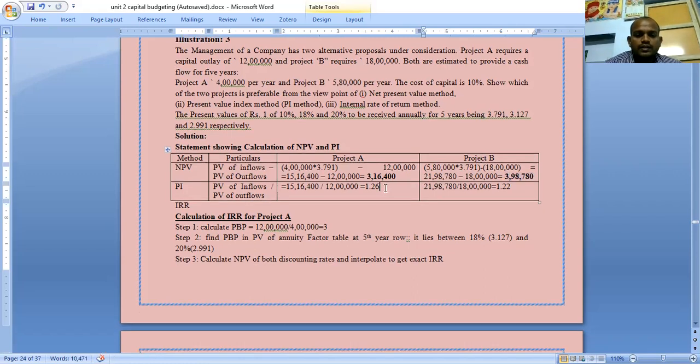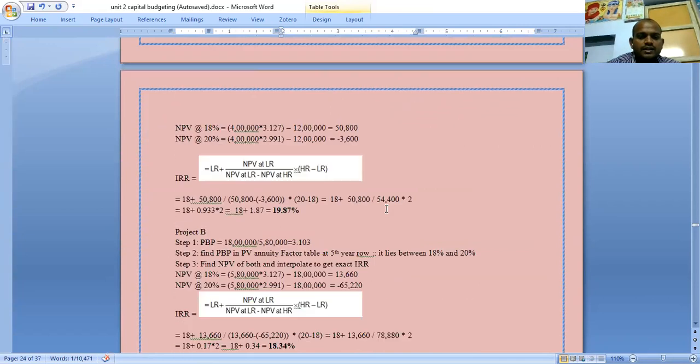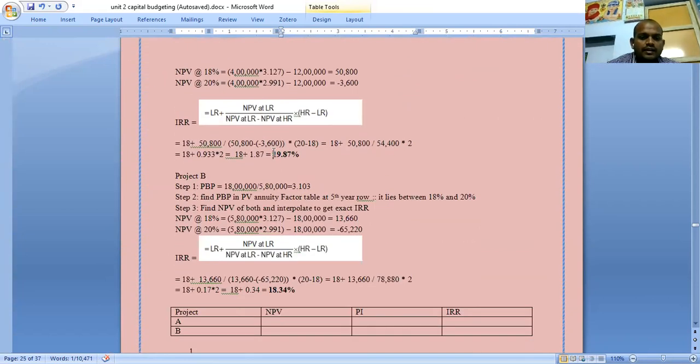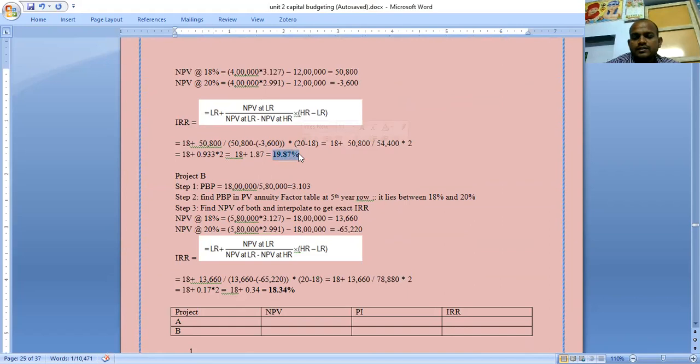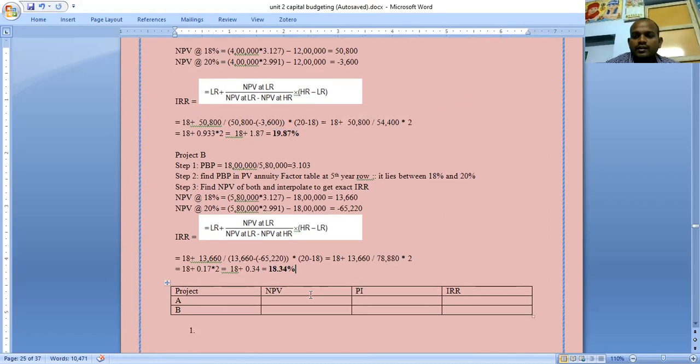If we consider profitability index as a decision making criteria, then profitability index is higher in the project A. So project A is preferable as per the PI, profitability index. And if you consider the IRR, project A is higher when compared to the project B. So as per the IRR, project A is preferable.